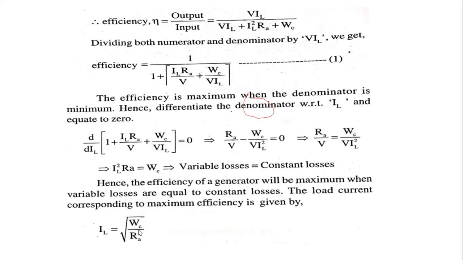This is the condition for the maximum efficiency: the variable losses are equal to the constant losses. Understand?